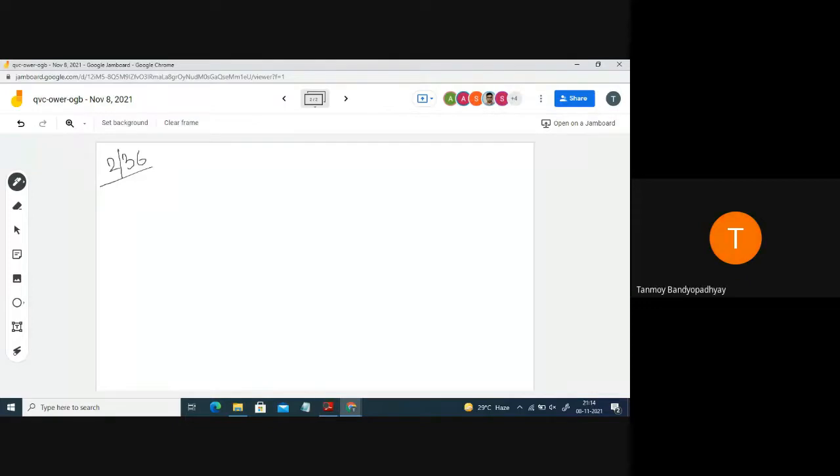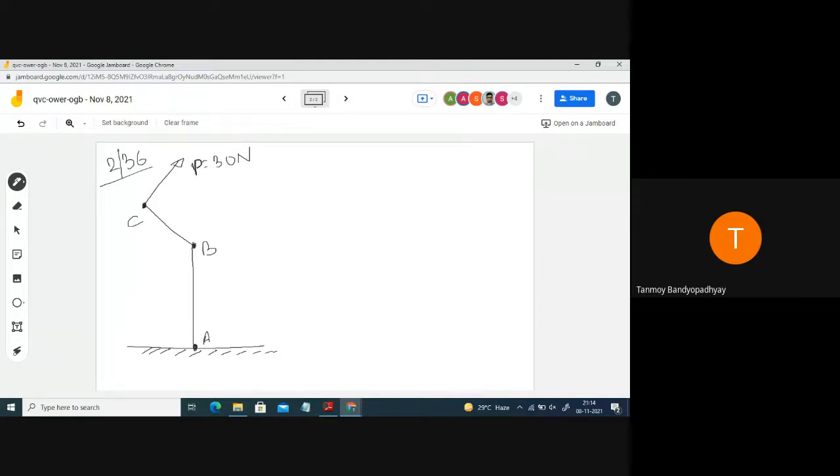Okay, so let us go by this problem. What is given in this problem, you can see that this is a fixed end. This point is A, this point is B, this point is C. Here there is a force, and the force is given to be P equal to 30 newtons.